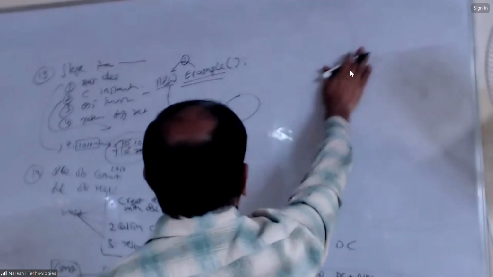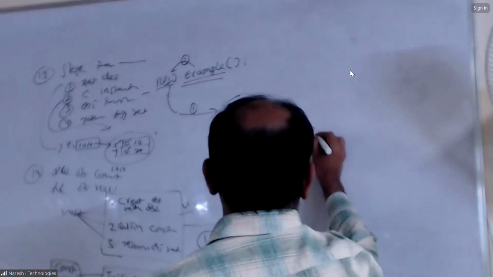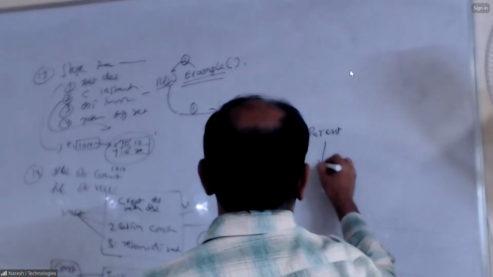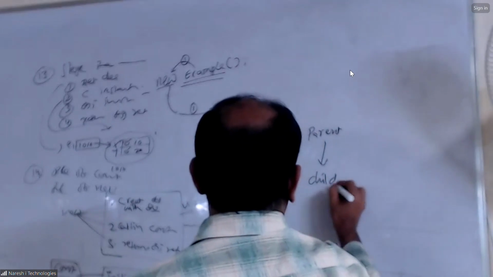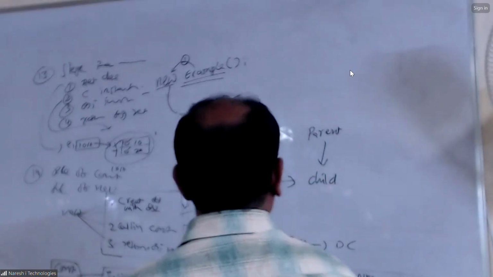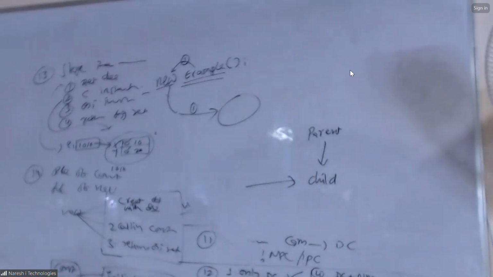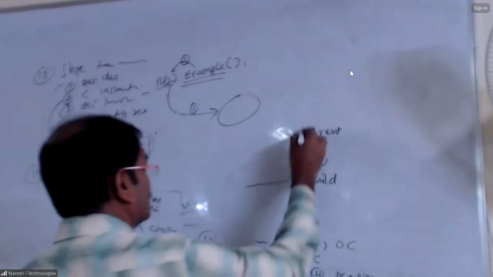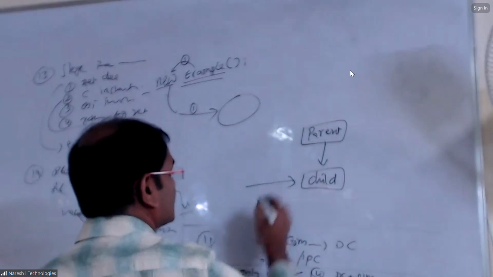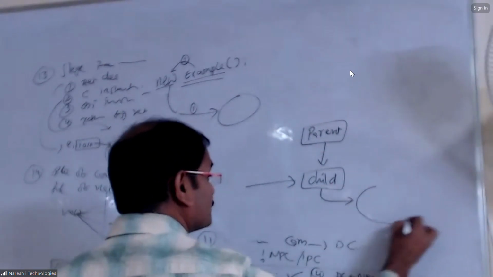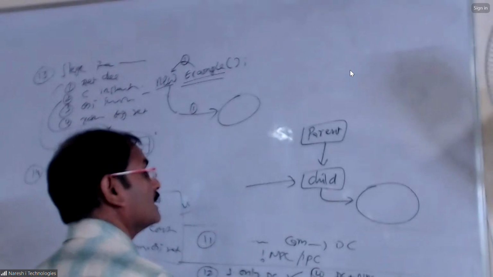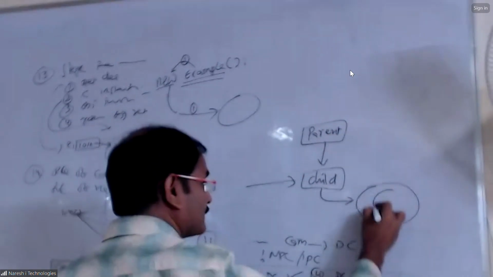Now, if you carefully observe, in real life you have a parent and a child. Someone comes to the child asking, what are your properties? Then the child will tell his own properties and also the properties inherited from the parent.